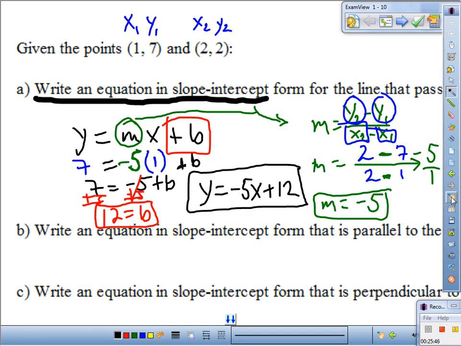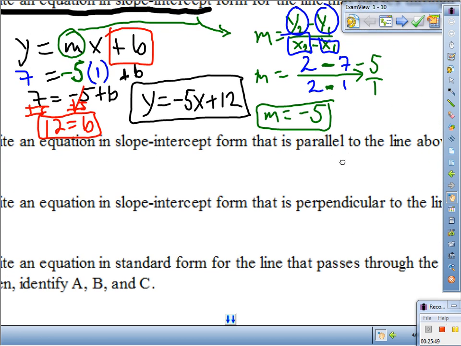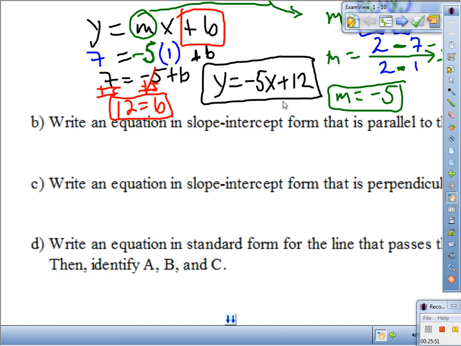Look at part B. Write an equation in slope-intercept form that is parallel to the one above. Write your own, please. Go. A line that is parallel to the one right there. Don't copy your neighbor. Write your own. All right, share your equation with your neighbor.